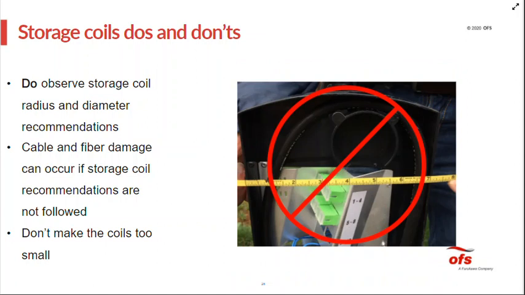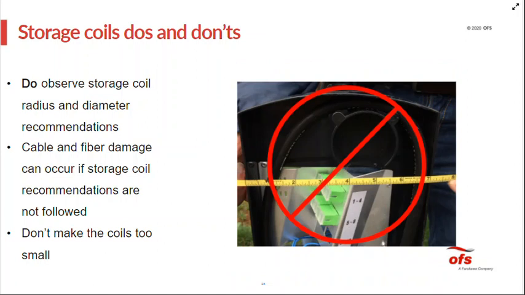Typically, this cable probably requires about a 12-inch storage diameter. So we could see that potentially, at the apex of that radius, the cable's probably being deformed. It's probably putting compressive load on the buffer tubes or the central core tube. I don't know what type of cable this is, but definitely this is an application that is not recommended.